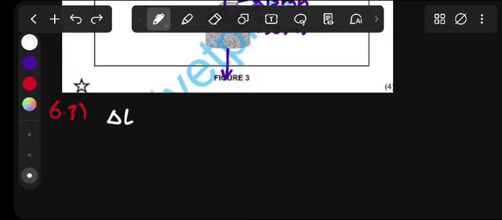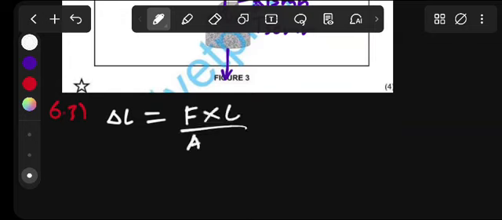So the change in length is equal to force multiplied by the original length, divided by area multiplied by Young's modulus. But now we have two objects. So there's a change in length for object 1, with area 1 and Young's modulus 1, and the force is the same.